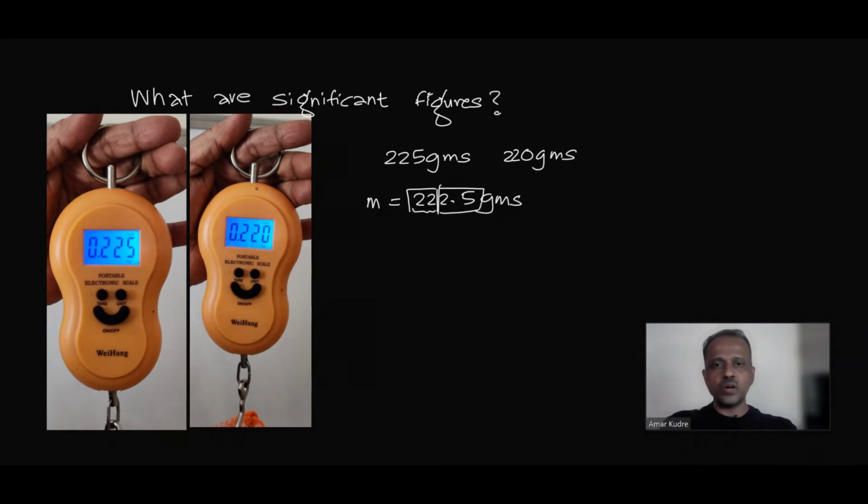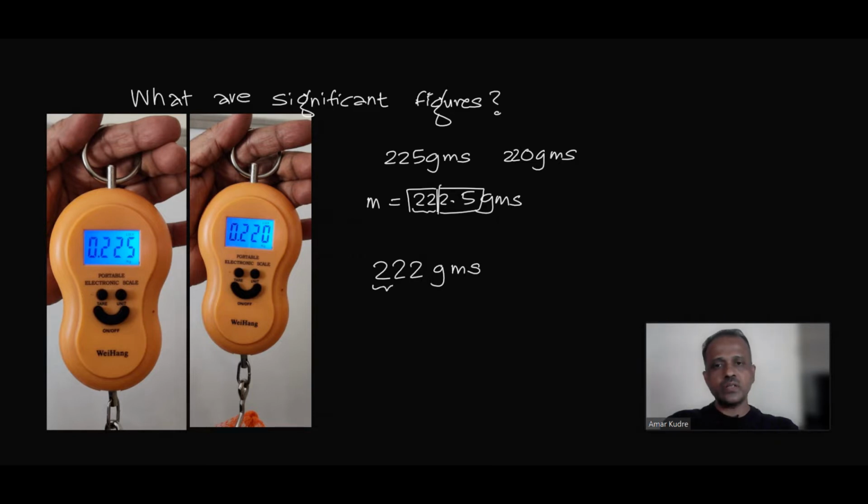So in a nutshell, what we can say is that significant figures are those figures of which we are certain, including one uncertain digit. So those are significant figures. Here in the case of weighing the oranges, we can say that the mass of two oranges would be 222 grams.